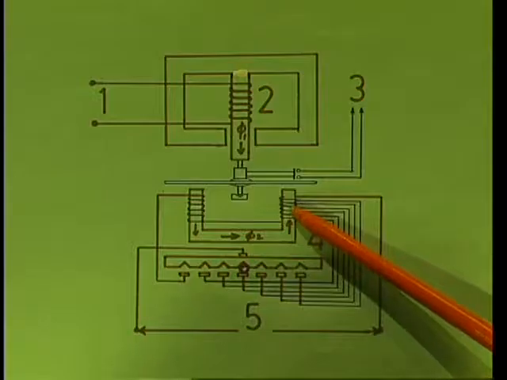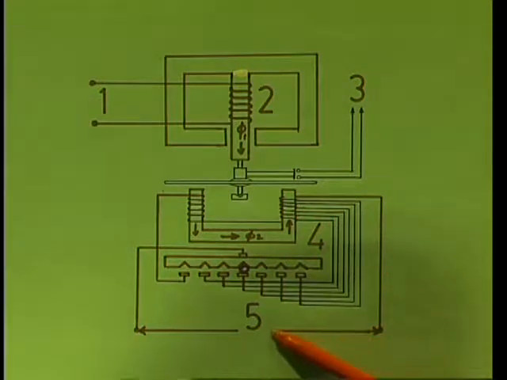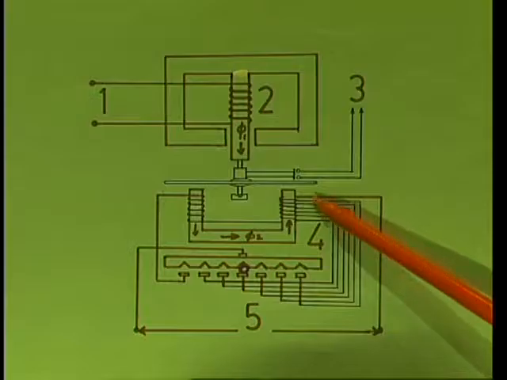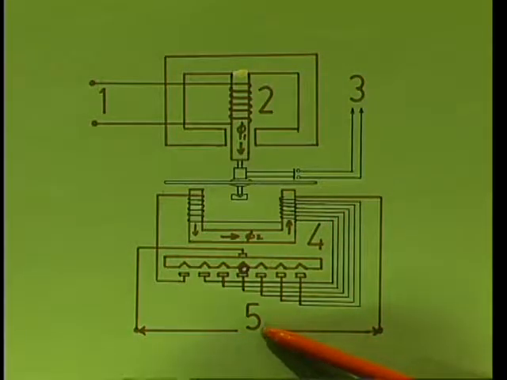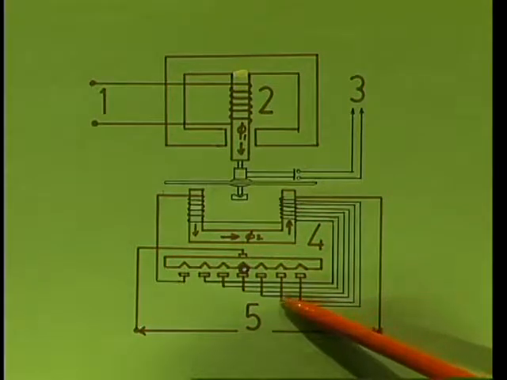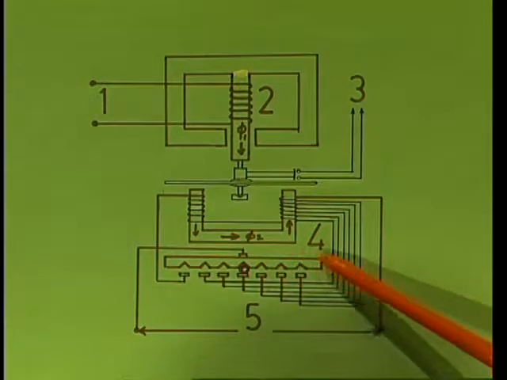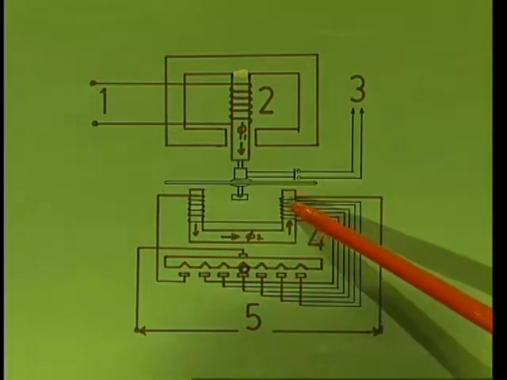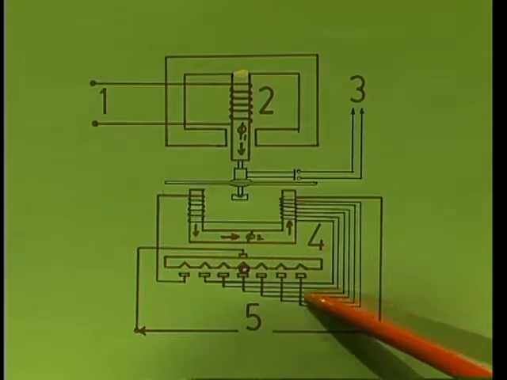This current coil is connected to the secondary terminals of the CT, the current transformer. Here also a number of tappings are provided, this is the tapping plug bridge. These tappings give us different current settings.